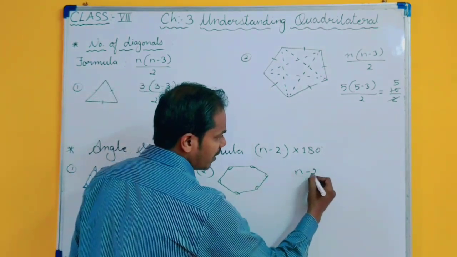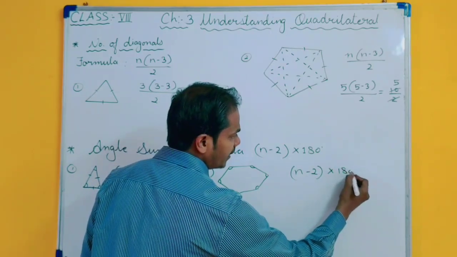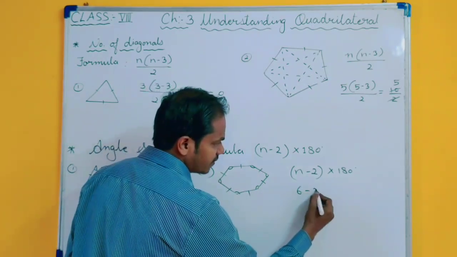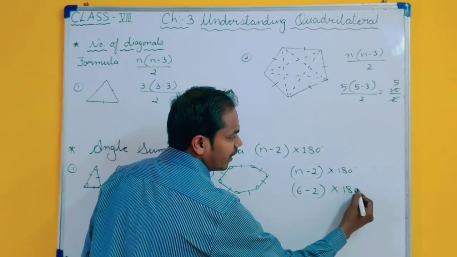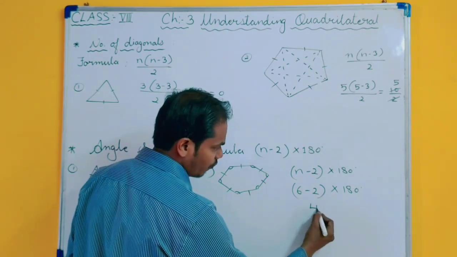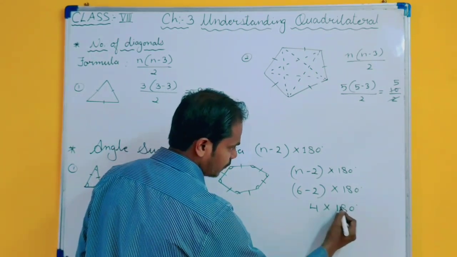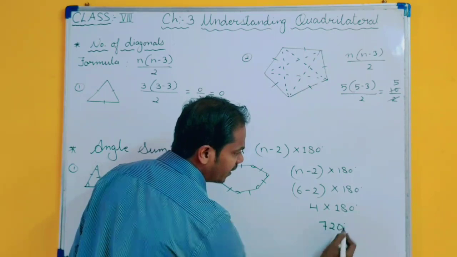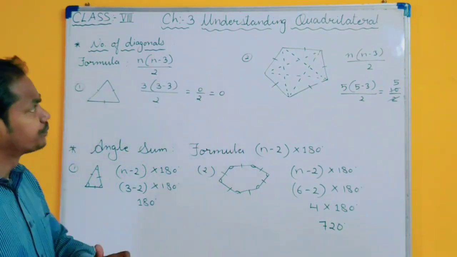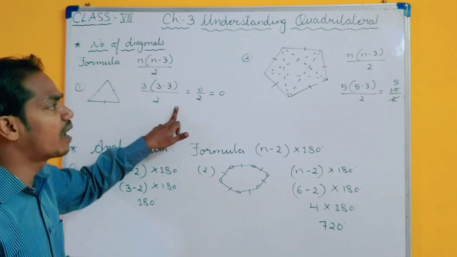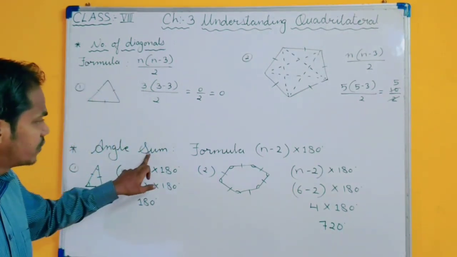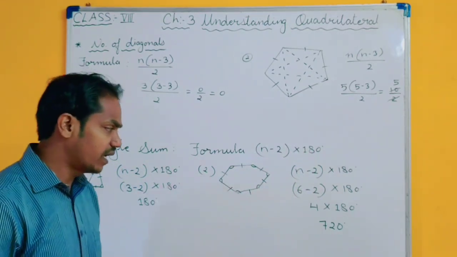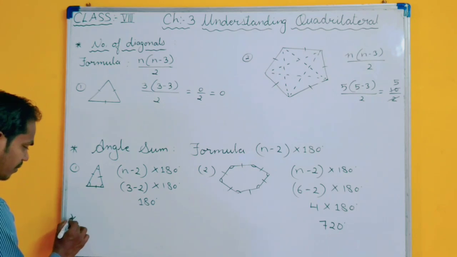Use this formula: n minus 2 multiplied by 180 degrees. n means number of sides, 6 sides are there. 6 minus 2 into 180 degrees. 6 minus 2 is 4. 4 multiplied by 180 degrees is 720 degrees. By using the formula n times n minus 3 upon 2, you can find the number of diagonals for any polygon. And by using the formula n minus 2 into 180 degrees, you can find the angle sum of any polygon.